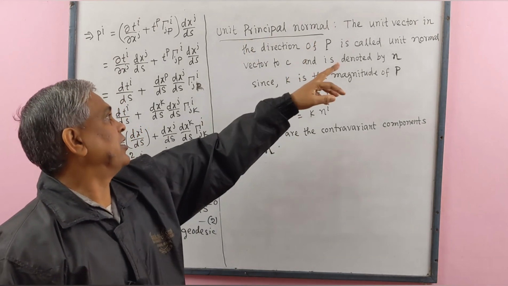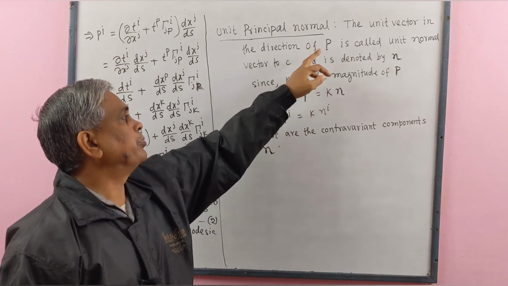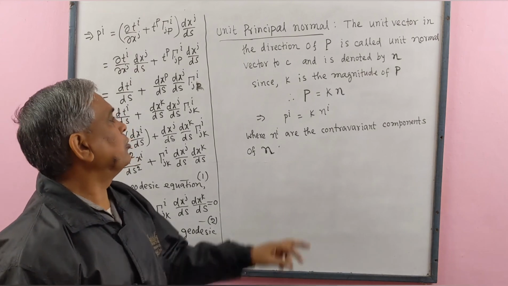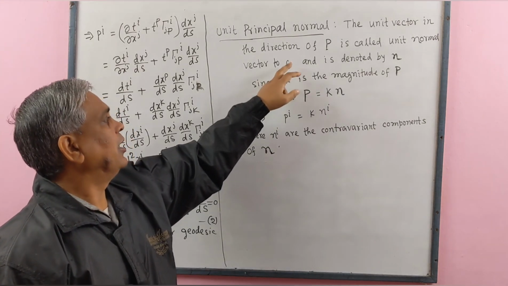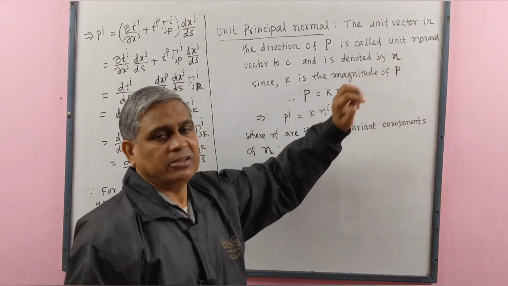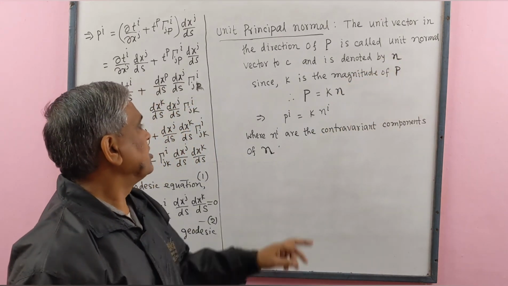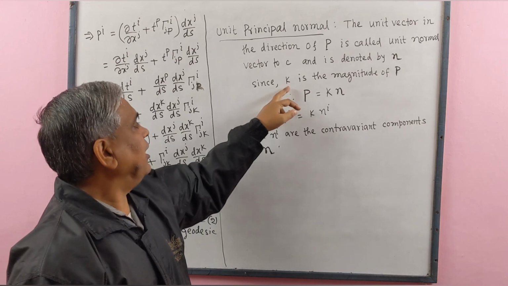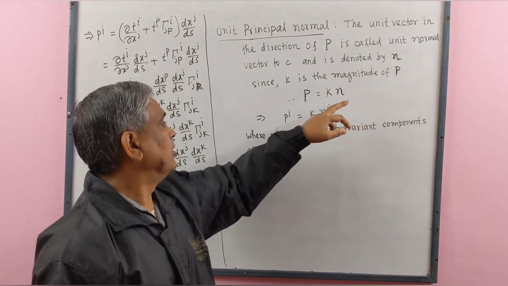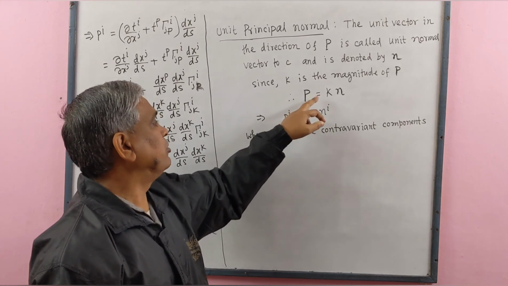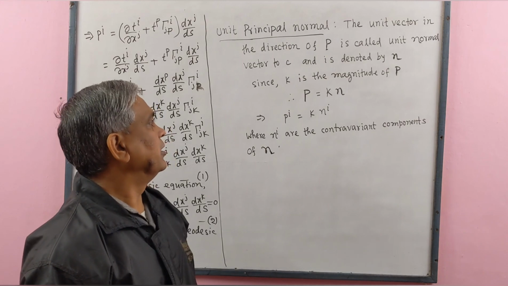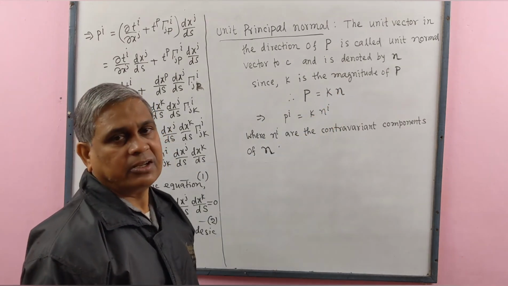Now we define unit principal normal. The unit vector in the direction of P is called unit normal vector to C and is denoted by eta vector. Since k is the magnitude of vector P, therefore vector P equal to k eta vector, eta being the unit vector.